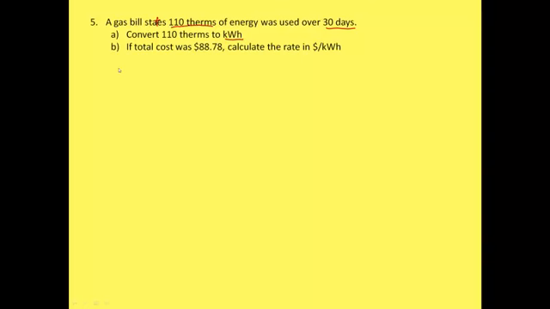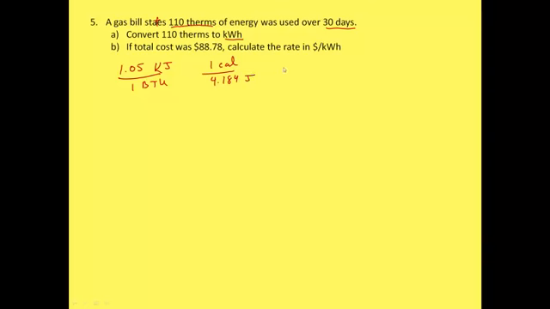Okay, so we have to go back to the original units of conversions. We have to know that 1.05 kilojoules for every 1 BTU. We also know that there's 1 calorie for every 4.184 joules.